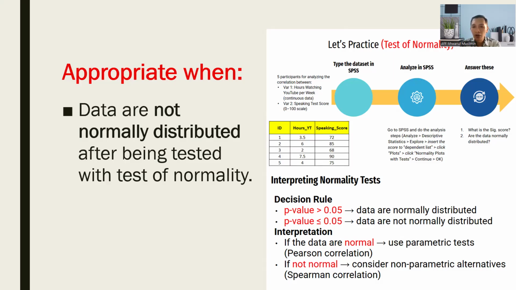To interpret the normality test, if the p-value is more than 0.05, the data are normally distributed. If the p-value is less than 0.05, the data are not normally distributed. So if the data are not normally distributed, you have to do Spearman analysis, the thing we are discussing today.